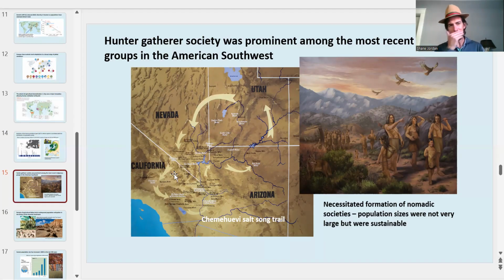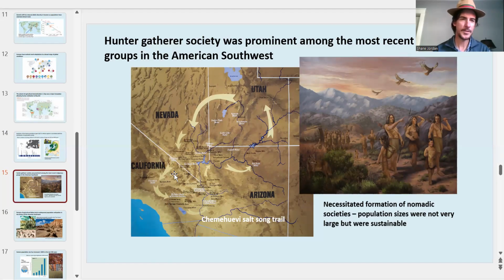And so this strategy kind of necessitated the formation of nomadic societies. A lot of Southwestern indigenous groups moved around a lot, and they would move around with the seasons, from place to place depending on where resources were most plentiful. And of course, we know that the seasons are quite varied here in the American Southwest from summer to winter.